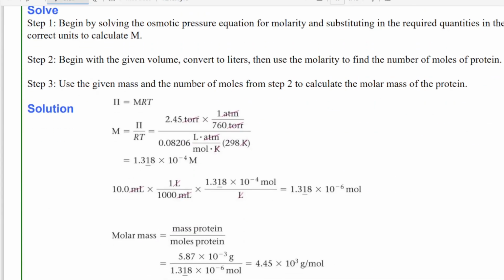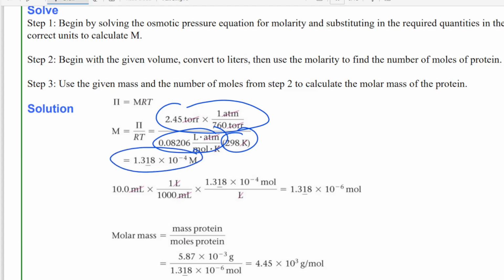So molarity is equal to pi over RT, which is equal to, this is our osmotic pressure in torr. We're going to convert it to atmospheres because the R is in liters atmospheres per mole Kelvin. We put in R and we put in 298 Kelvin, which we had to convert, and that gives us a molarity of 1.318 times 10 to the minus 4 molar.